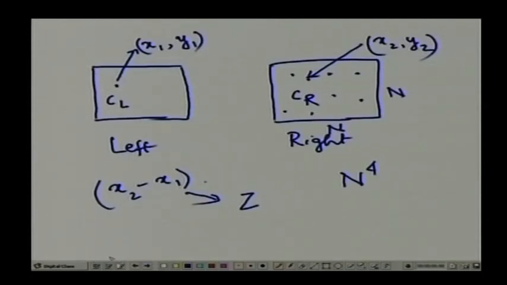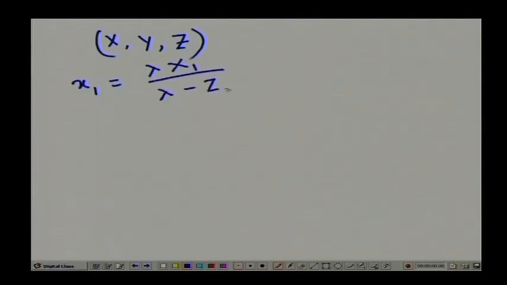So, you find that for the point x, y, z in the 3D space, the corresponding left image is given by x1 equal to lambda times capital X1 divided by lambda minus capital Z1.